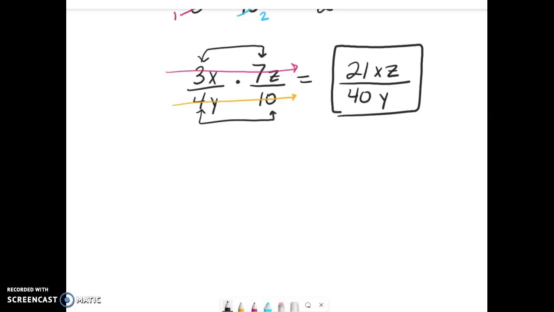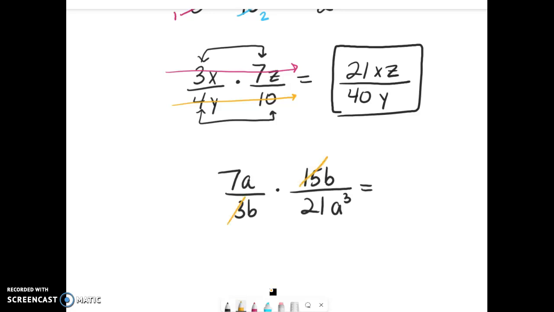So let's look at another example. Let's say we have 7a over 3b times 15b over 21a cubed. When I take a look at this, I do see the 3 and the 15.